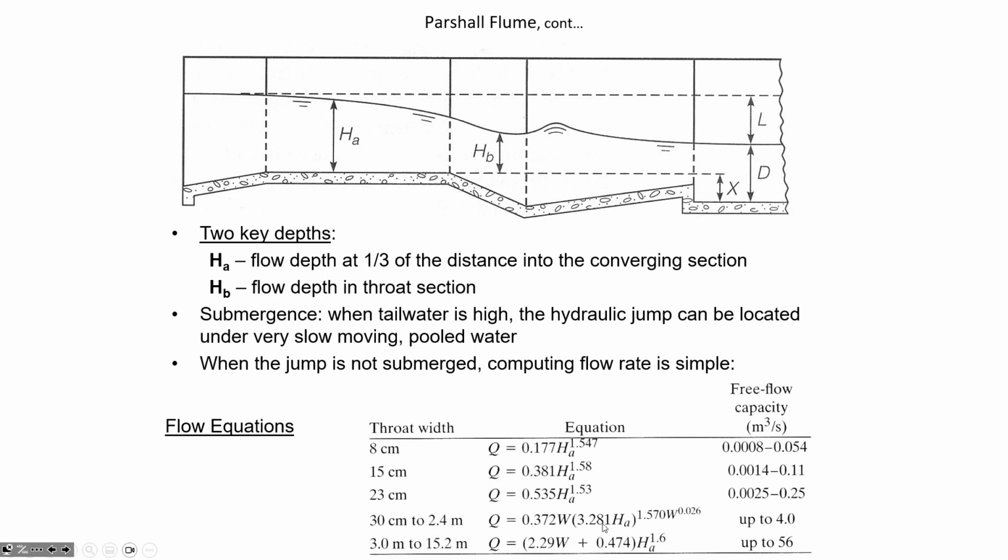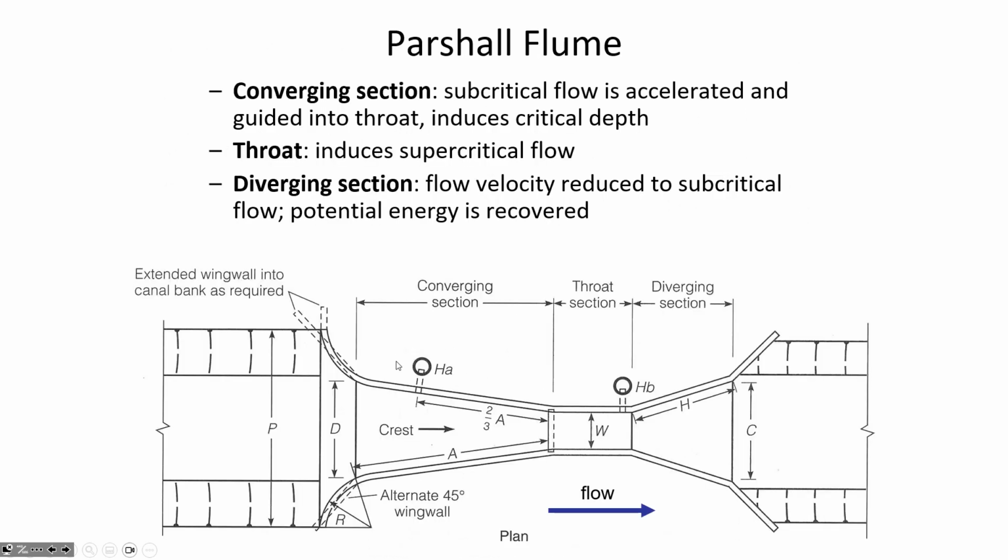So with these equations, you can get a sense of how simple they are in some cases. For a throat width of less than a foot, the flow rate is just based on this upstream water depth. Usually they'll have a tube connected to a section inside the converging section. Sometimes they'll have markings on the side of the channel, and then they just measure the depth that way.